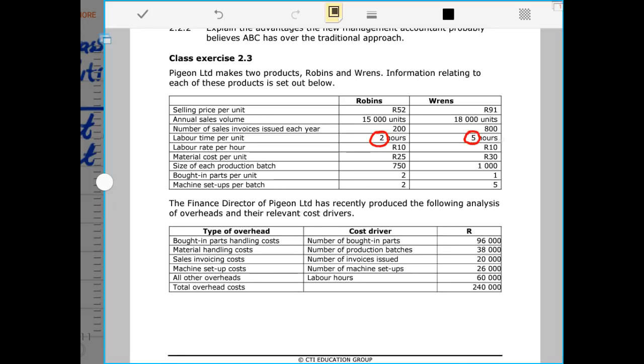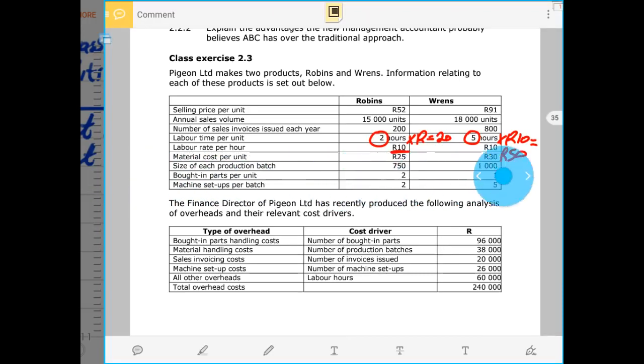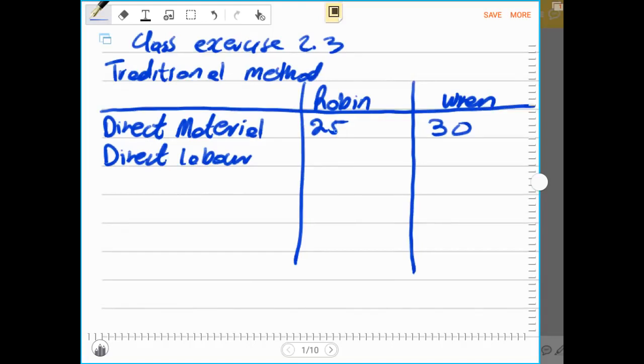So if we say 5 times 10, that will give us the direct labor cost, and 2 times 10, where 10 is the rate per hour. This will give us 20, and this will give us 50. So this is the direct labor cost per unit: 20 for Robin and 50 for Wren. This is how the calculations are done.